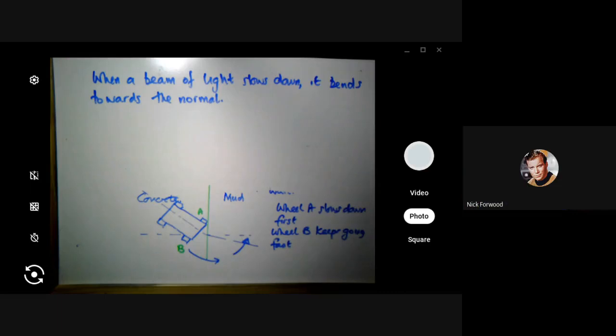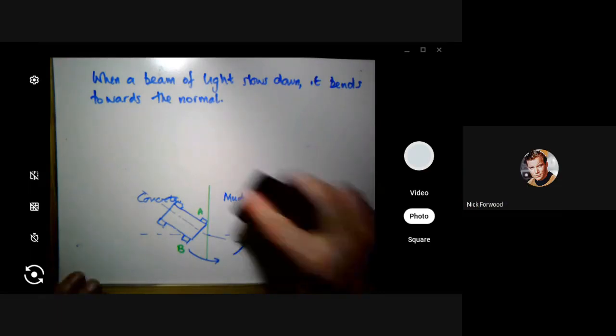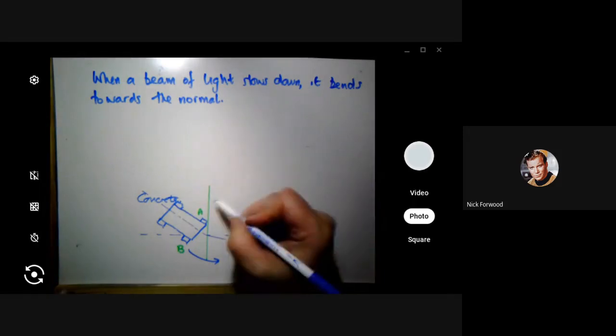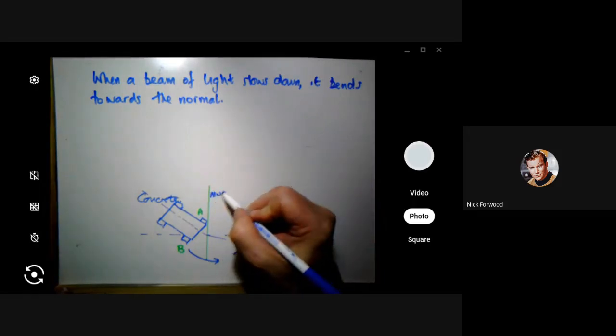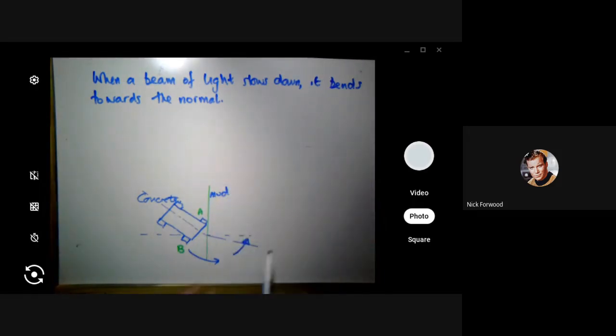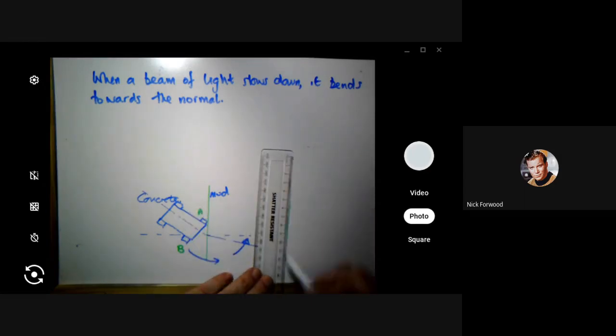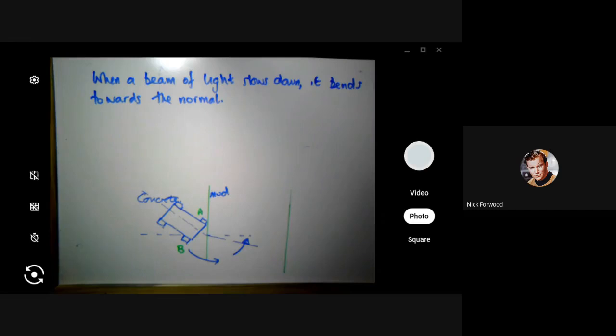Now, exactly the same thing would happen, but in the opposite direction, when the tractor comes out of the muddy field. So we can imagine that it's right in the mud here, and it's then traveling in a straight line, but it's traveling slower, and then it gets out of the muddy field over here. Okay, and the same thing happens.